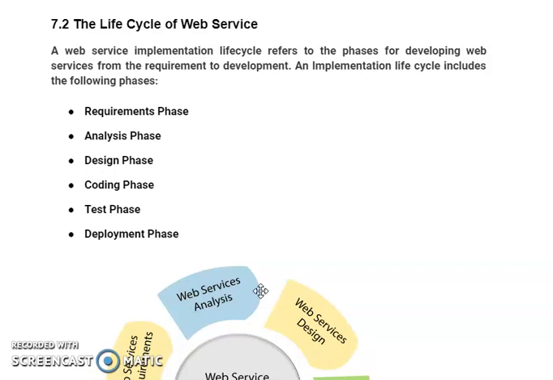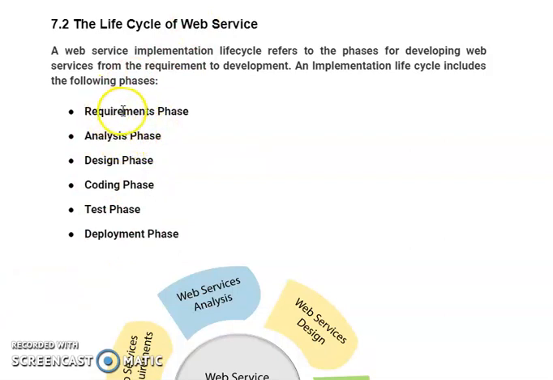So when you are creating this web service, it contains different phases, and according to that it will form a life cycle of that web service. So the first one is the requirement phase. You can compare this with what you have learned in software engineering, the different phases of any project or any program.